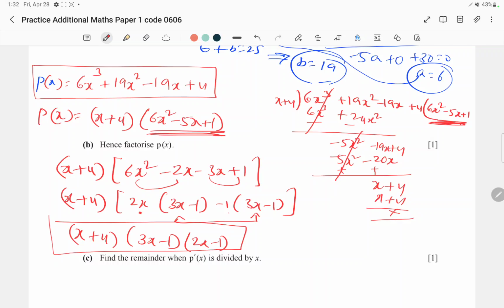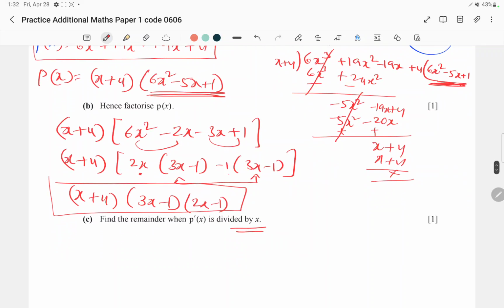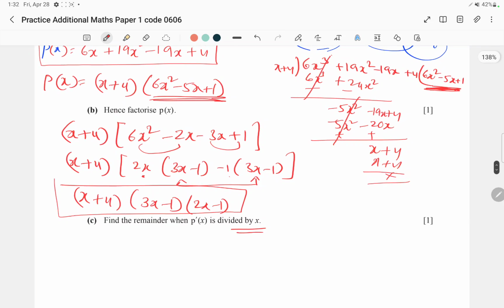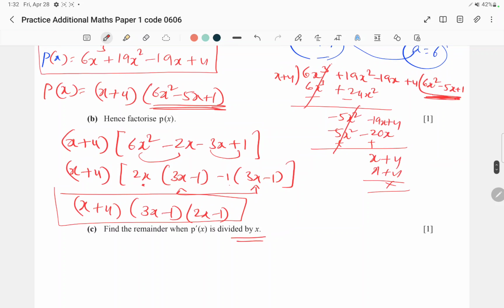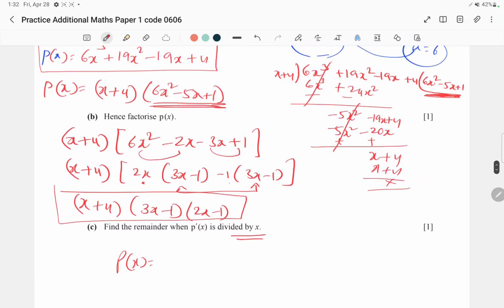Find the remainder when p dash x is divided by x. So to find the remainder, we need to first differentiate that. So when you differentiate, we need to check that. So what is your p(x)? This is for how many marks? 1 mark only.